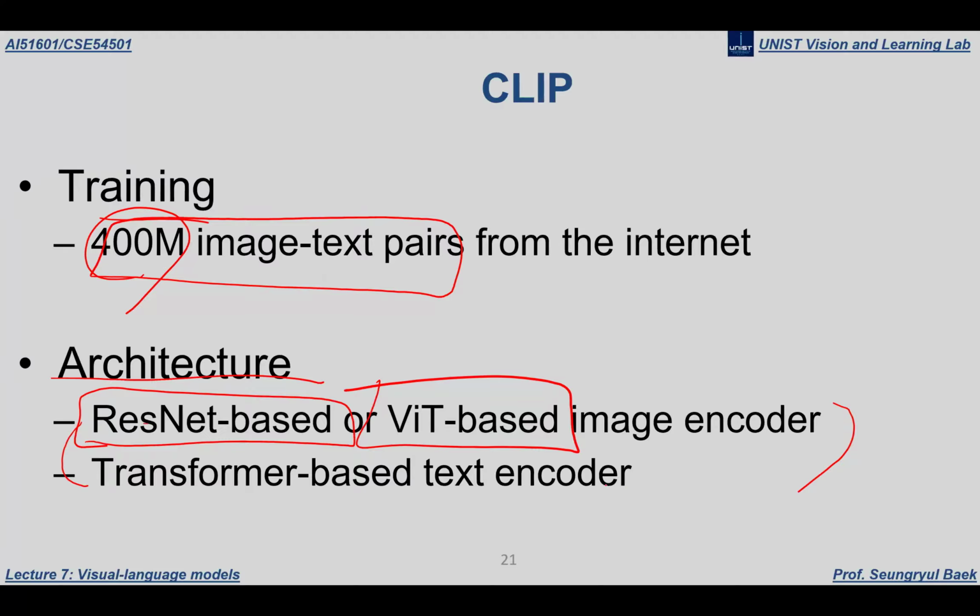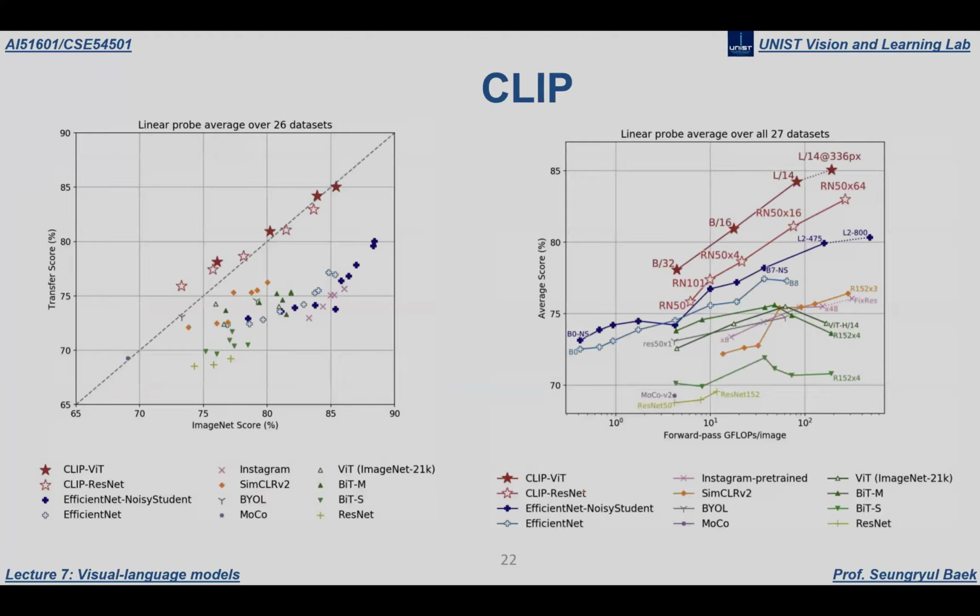And for the text encoder, they only have the transformer-based text encoder. So CLIP provides a pre-trained image encoder and text encoder, trained by using the loss functions that I explained in previous pages. And also, this is showing the power of CLIP.